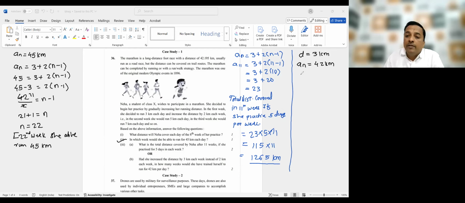तो उसको कितना वीक खुद को ट्रेन करना पड़ेगा? दैट वन इज अगेन वी नो दैट a is equal to 3 kilometers. So we have formula an is equal to a plus n minus 1 and d. So 42 किलोमीटर है, this is 3 plus n minus 1 and 3। यहाँ पे जो 2 था डिफरेंस, नाउ द डिफरेंस बिकम 3। So 42 minus 3 is equal to n minus 1 and this becomes 3.